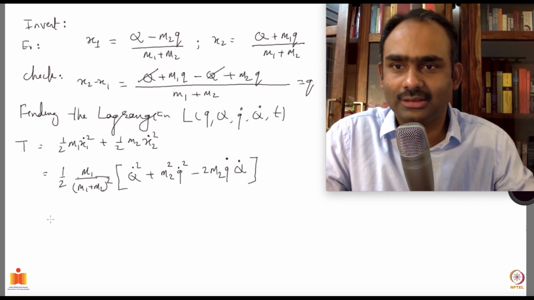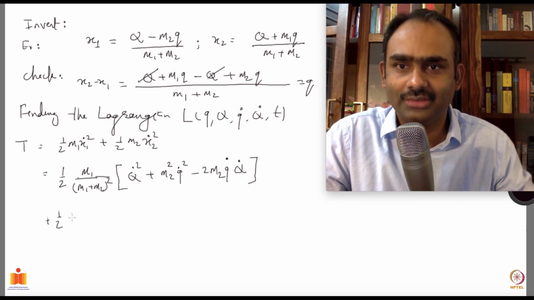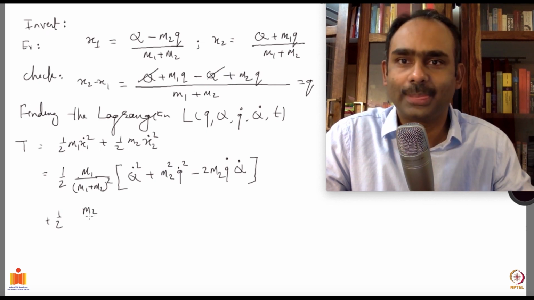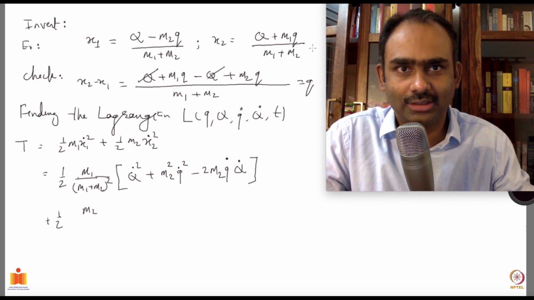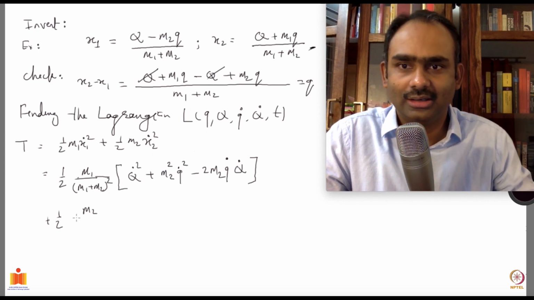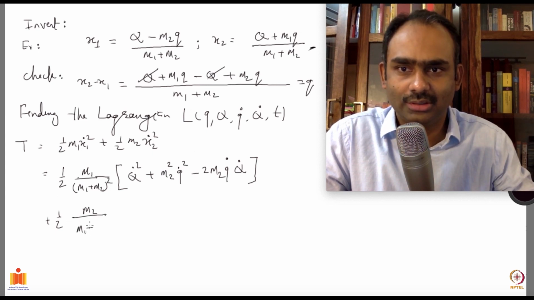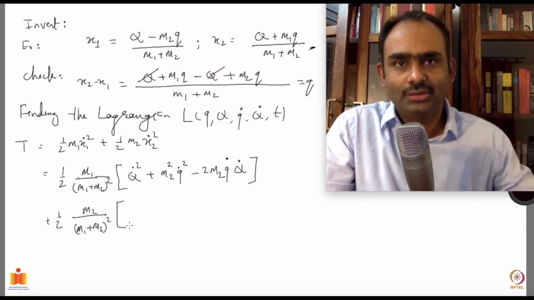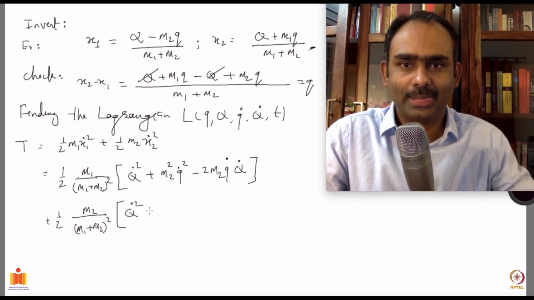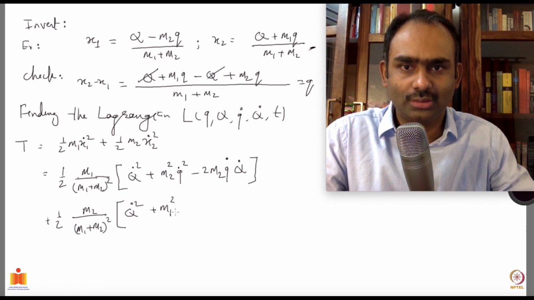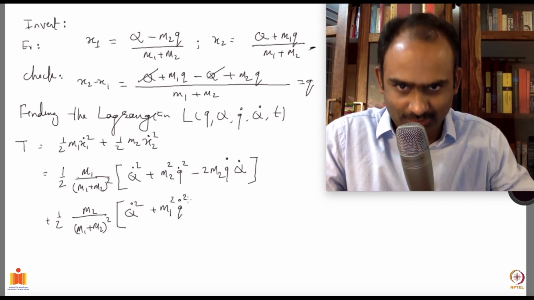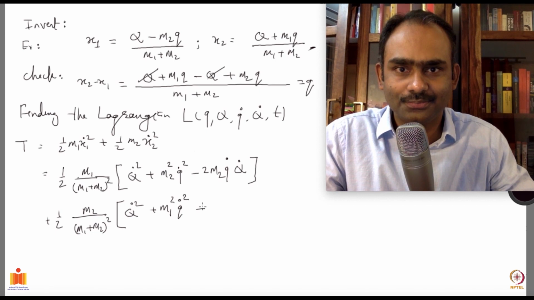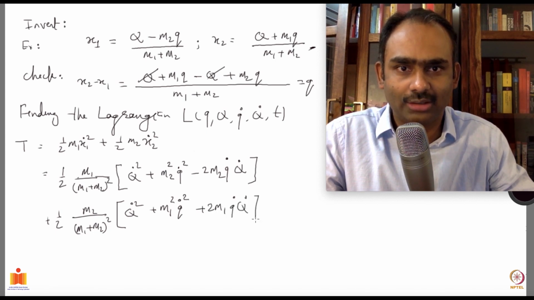Let's write down the next term, half m2 x2 dot square. So I should look at this one now. Again, you have m1 plus m2 whole thing squared in the denominator, and then you have capital Q dot square plus m1 square small q dot square plus 2 m1 small q dot, capital Q dot.